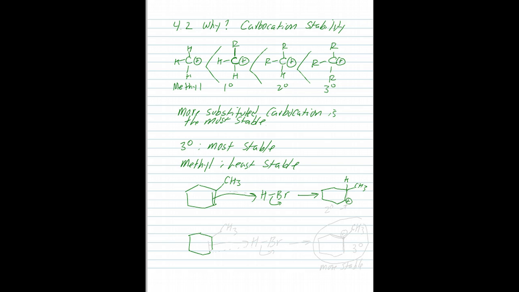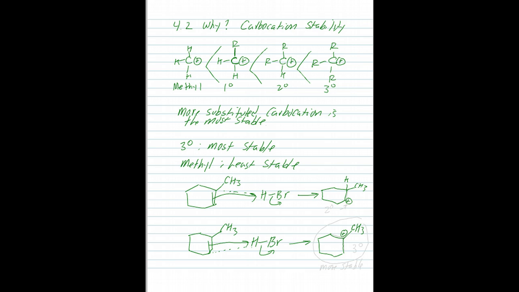Now, it's not like the molecule knows. It's not like the molecule says, well, I'm going to add here because it's more stable. It just does what it does. But when it forms a product, that product either reacts or it goes back to starting material. So this time hydrogen is going to this carbon. Here the hydrogen is going to this carbon.